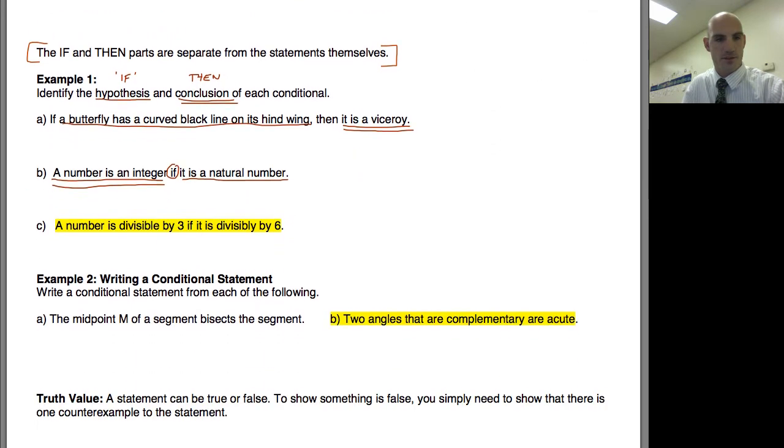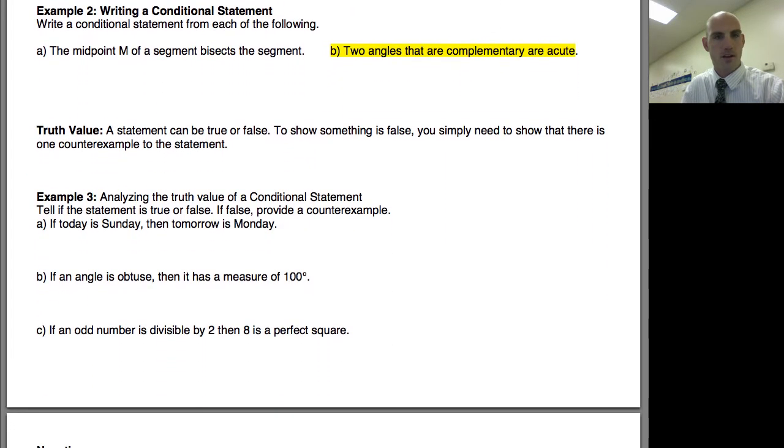All right, let's move on to example 2. We're going to use these statements to write a conditional statement. So we're going to have to use if and then. So those should appear in your statements. Letter A. The midpoint M of a segment bisects the segment.